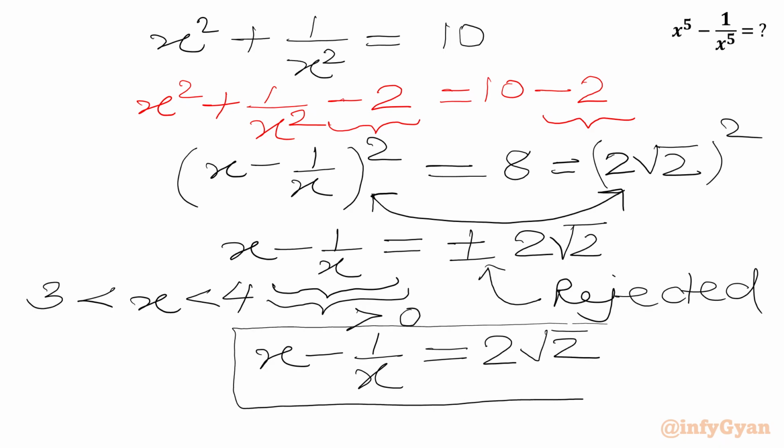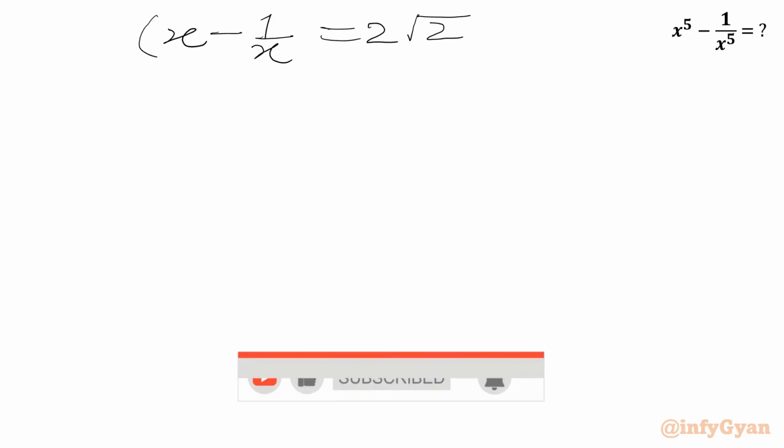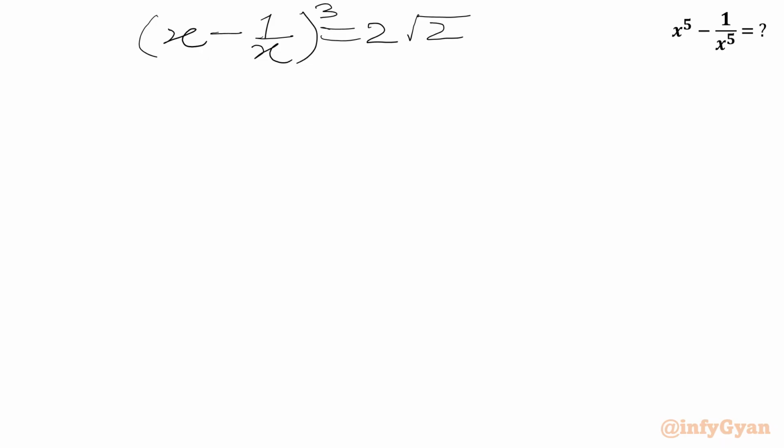Now we are going to consider cubing both sides, so that we will get x cube minus 1 over x cube value. So I will write x minus 1 over x. If this is equal to 2 square root 2, we will consider cubing both sides, power 3. Now we will apply the a minus b whole cube formula.